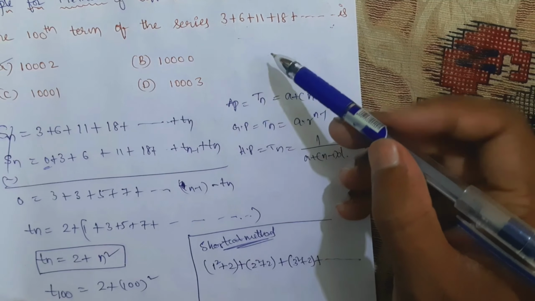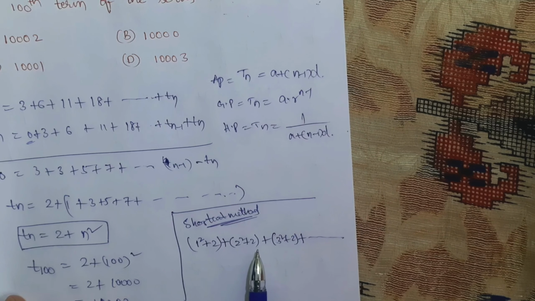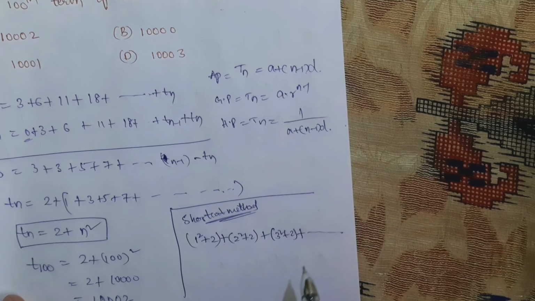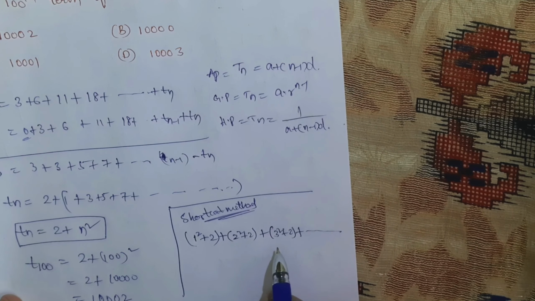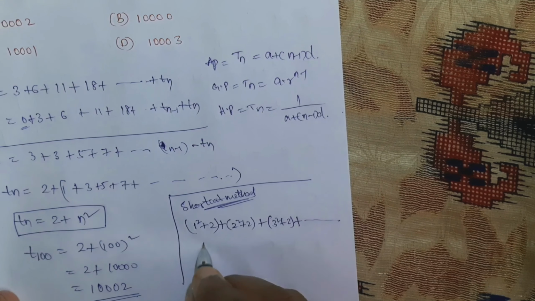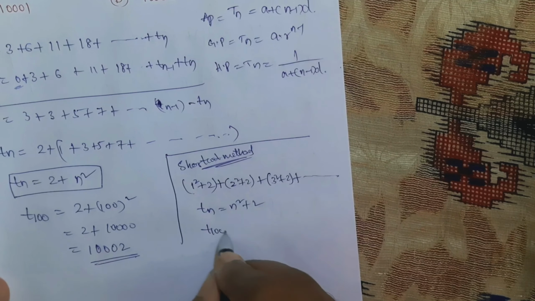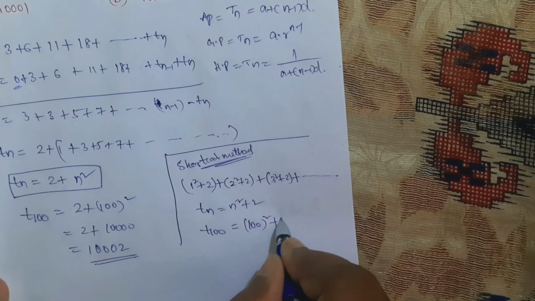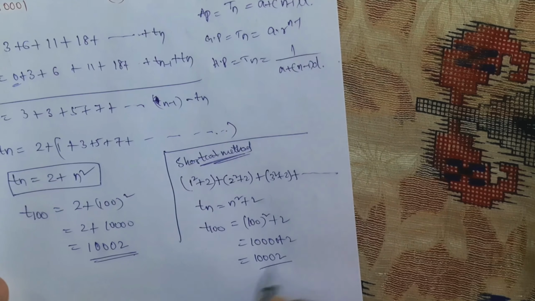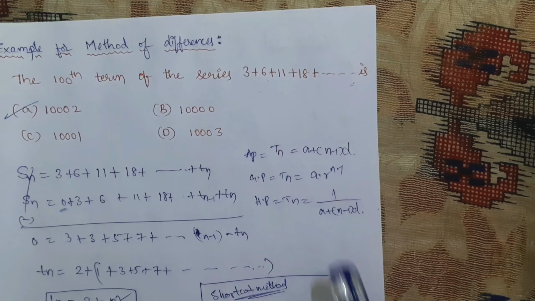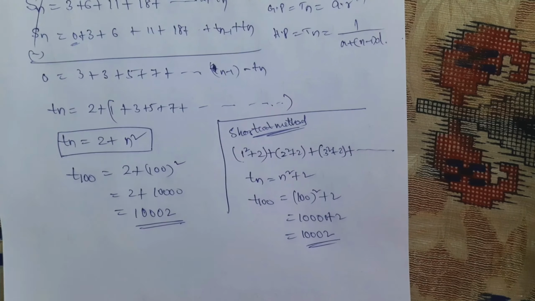So 3 plus 6 plus 11 plus 18 can be written as 1 square plus 2, 2 square plus 2, 3 square plus 2, and so on. So Tn we can write as n square plus 2, and similarly T100 is equal to 100 square plus 2, which is 10,000 plus 2, finally 10,002. By identifying the series, we can find the nth term or 100th term this way, otherwise by using the method above.